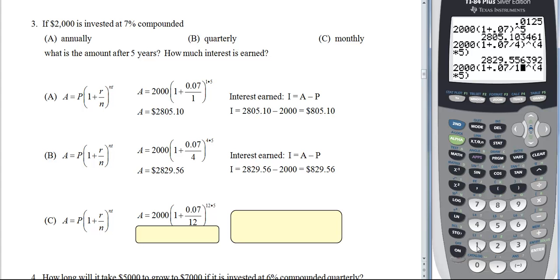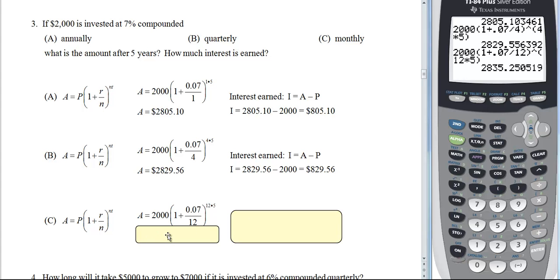So I'm going to go 1, second insert 12, and then this time it's 12 times 5. So 2,000, there's that. Let's see if I come up with it. Interest earned should be $835.25.